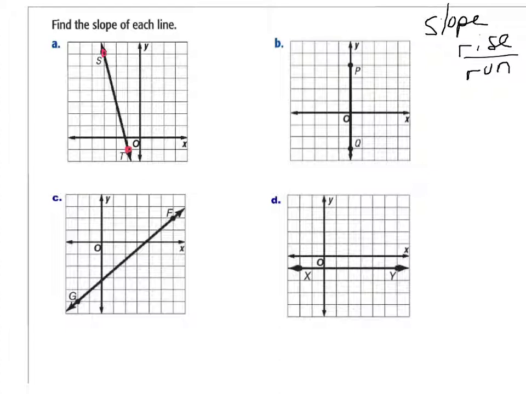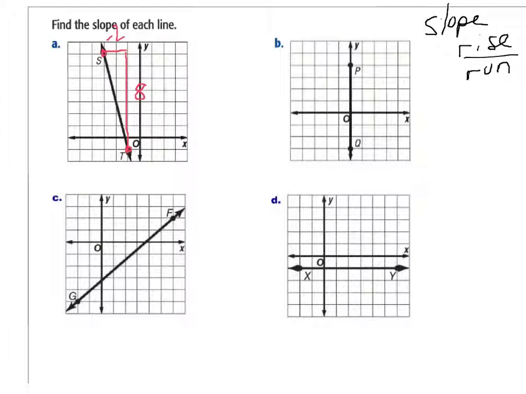So this is really simple when you have a graph. I'm going to start at O, and I'm going to go up 1, 2, 3, 4, 5, 6, 7, 8. So I have a rise of positive 8. And then I'm going to go left 1, 2. So that's a run of negative 2.